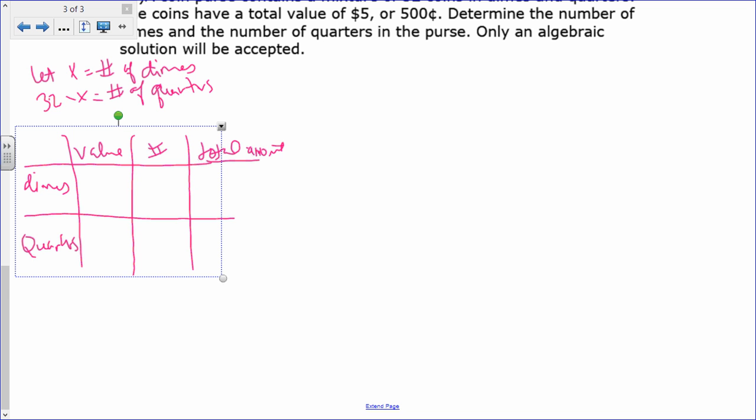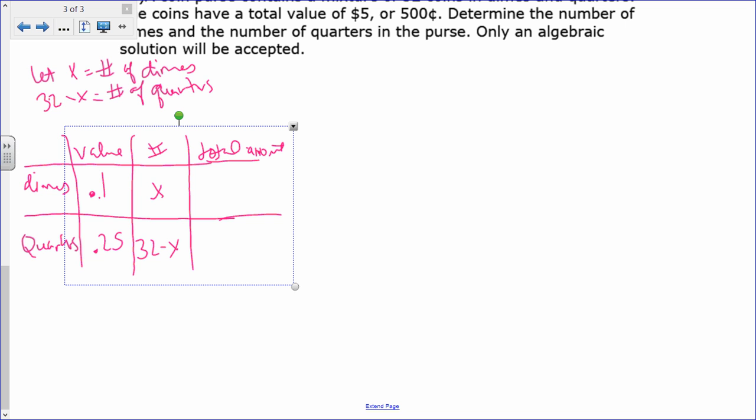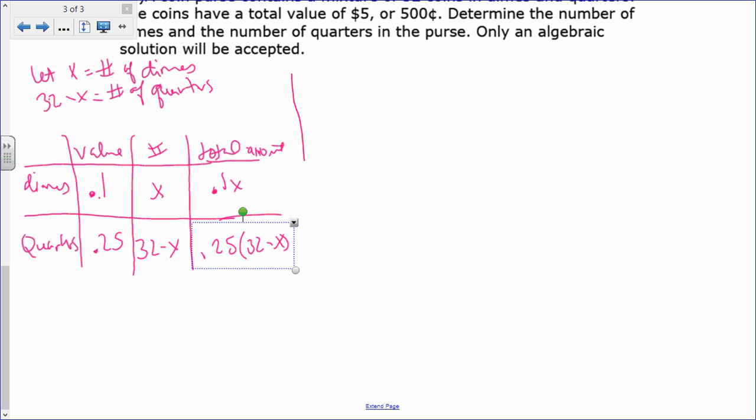So dimes are valued at 0.1. Quarters are valued at 0.25. For x dimes and 32 minus x quarters. So this is 0.1x, and this is 0.25 times 32 minus x. All right, so there's my setup all done.